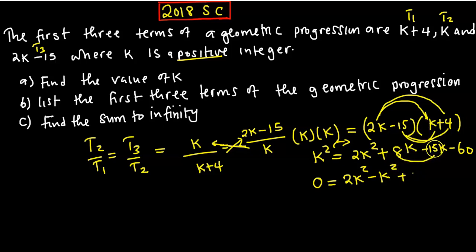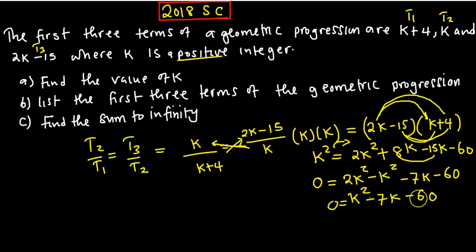Positive and negative, so it's just the same as 15 minus 8. 15 minus 8 is 7, but it's going to be negative because the bigger number is negative. So 7K, then minus 60. So this is going to remain K square, then K square minus 7K minus 60 equal to 0.